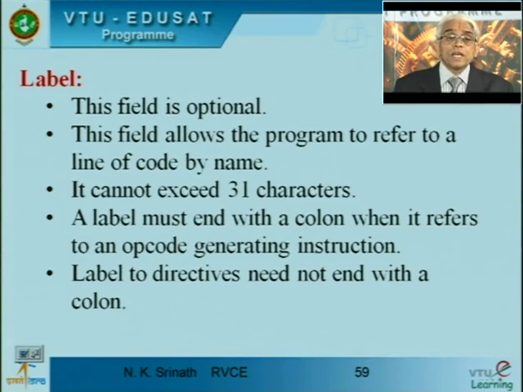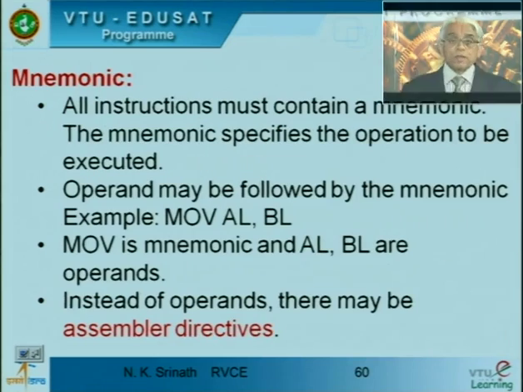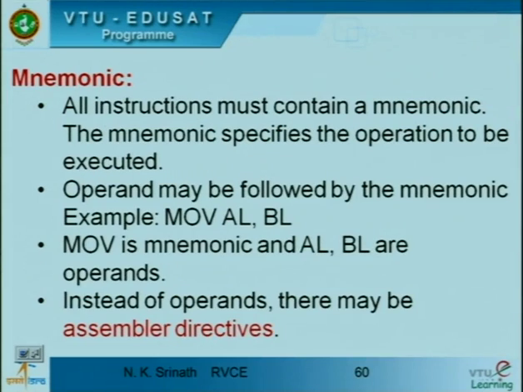You need to know the label name when you are writing the code. This label can be as long as 31 characters, and a label must end with a colon when it refers to an opcode generating instruction, but if it is a directive you do not have to give the colon.